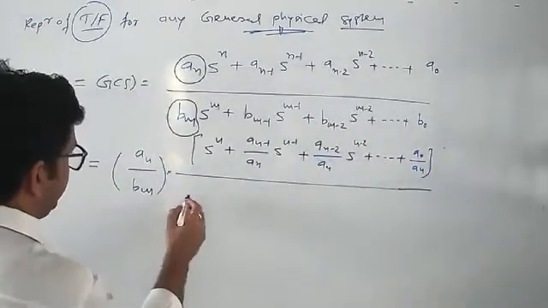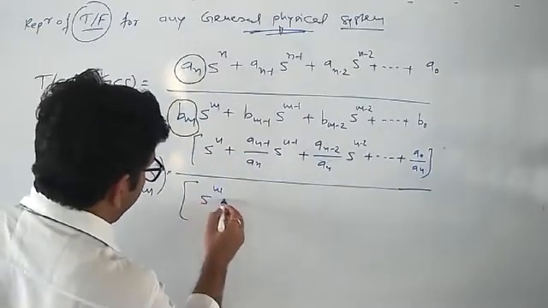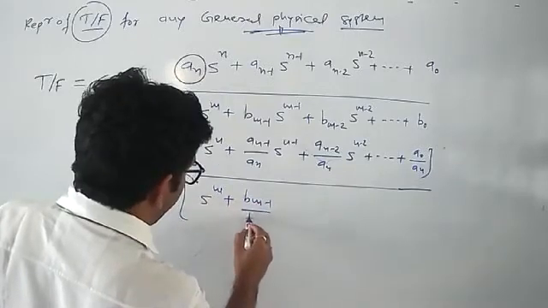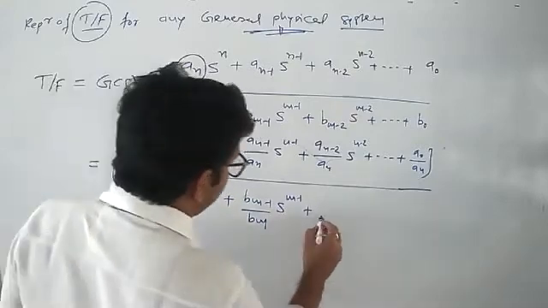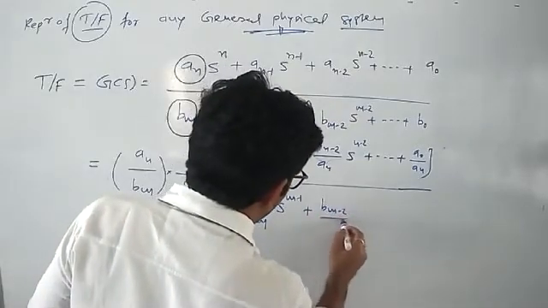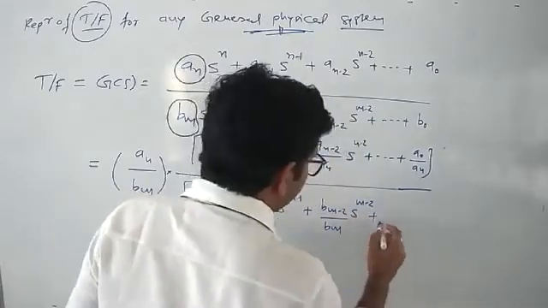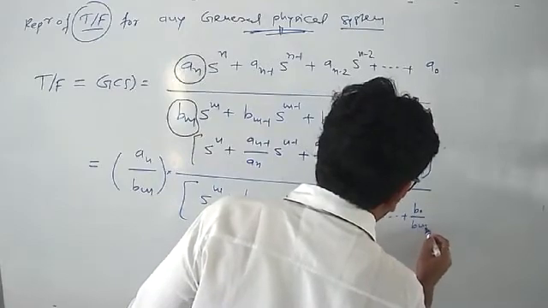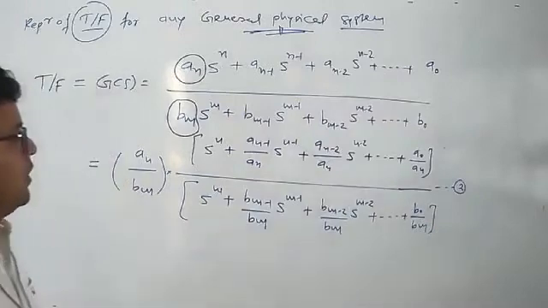In the same way we can write the expression for the denominator polynomial as s to the power m plus b_(m-1) divided by b_m times s to the power m minus 1 plus b_(m-2) by b_m times s to the power m minus 2 plus so on up to b naught by b_m. So this will be your equation number 2.